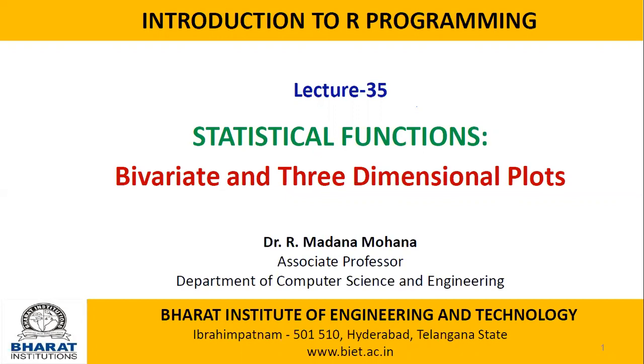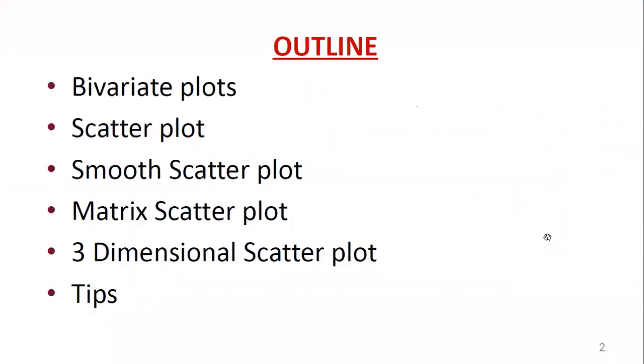In earlier lectures, we covered some of the other graphical functions and finding the absolute and relative frequencies, and various examples were demonstrated. In this lecture, we will specifically see bivariate plots.